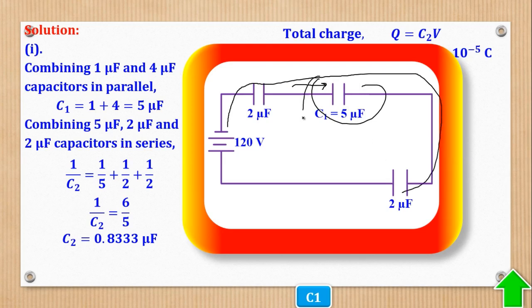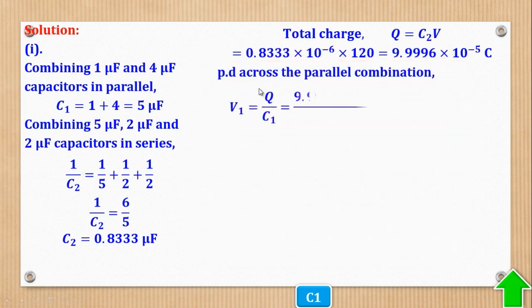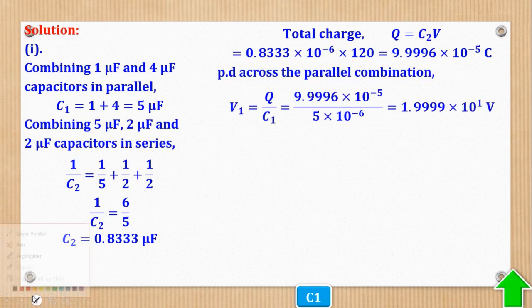So the charge at this part is the total charge, and I also know the capacitance for parallel. Therefore, I can easily get the PD across the parallel combination, and it will be this.